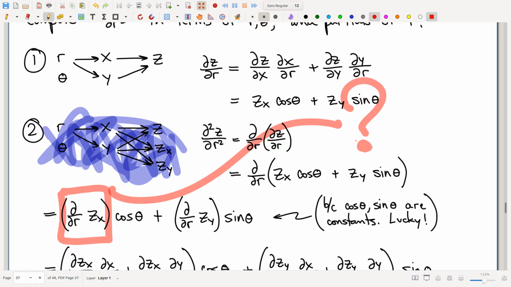A lot of students will look at this and think, how about I call this zxr? After all, I'm taking the x partial and then I'm taking the r partial of that. Isn't this the notation that we use for that? And I claim that doesn't make any sense. It's just kind of nonsense.